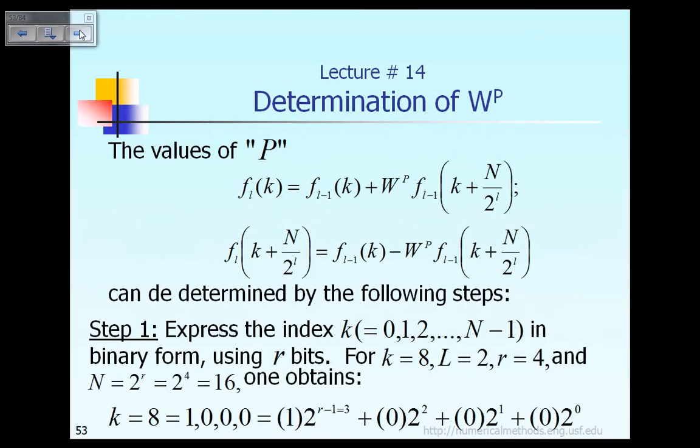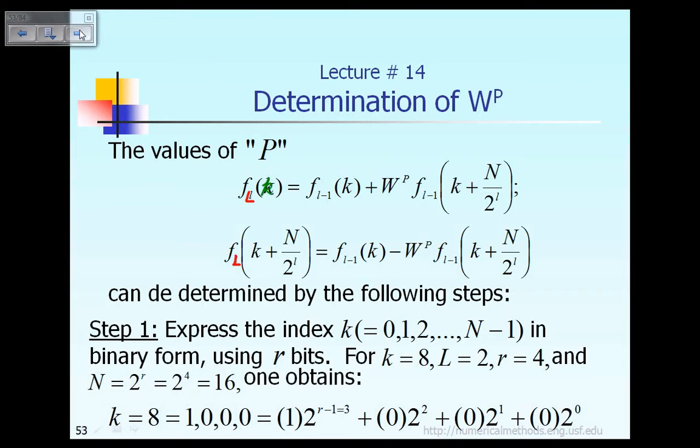According to the previous lecture, let's say we want to compute at level L the intermediate vector f sub L. We want to compute the vector f sub L corresponding to level L. When you want to compute the vector f sub L at level L, there are 16 numbers that you need to compute based on the index k.